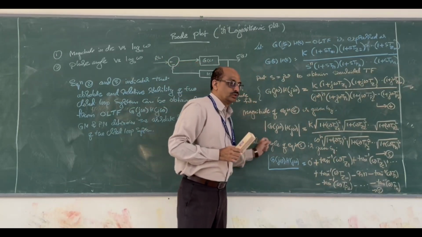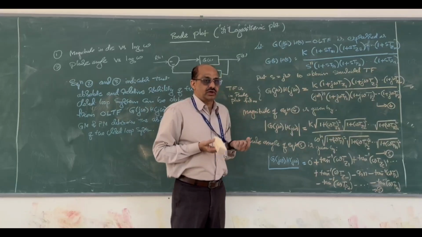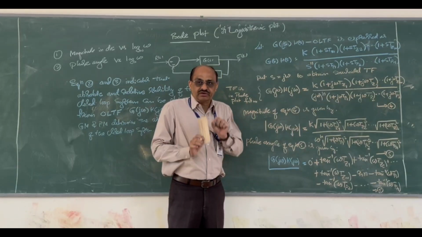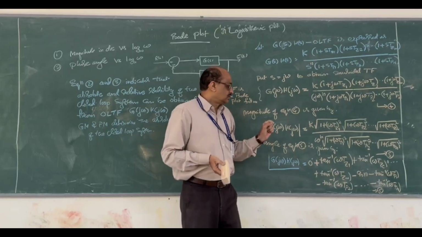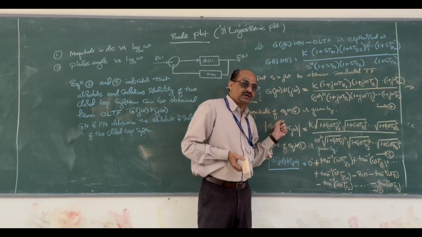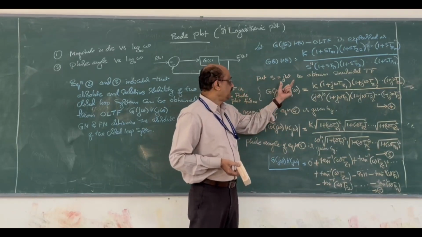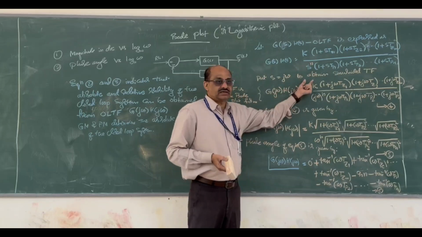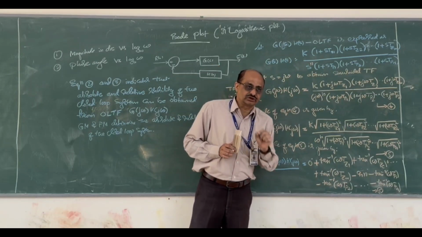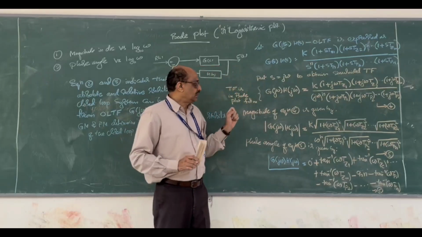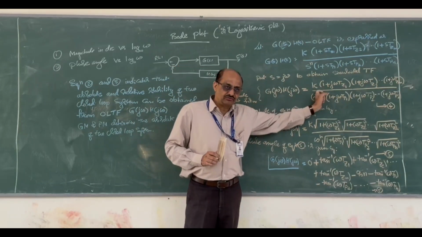I got now two equations. For the given transfer function, it is very simple now to find the magnitude and phase. It should start from here: get the sinusoidal transfer function by substituting s equal to j omega. After that, it should be in the Bode plot form.